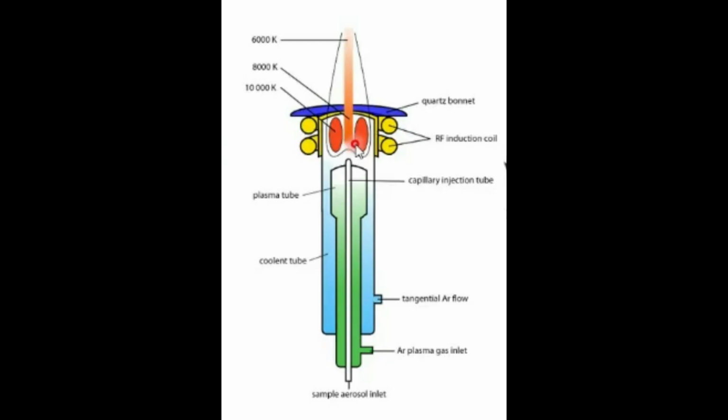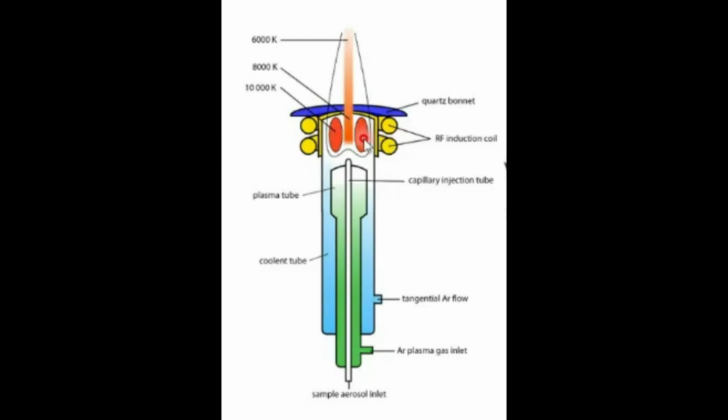The energy is acquired due to the changing induction field of the coil, and it comes out as a jet. That argon is converted to plasma. The sample gets emitted, and that plasma has a very high temperature.